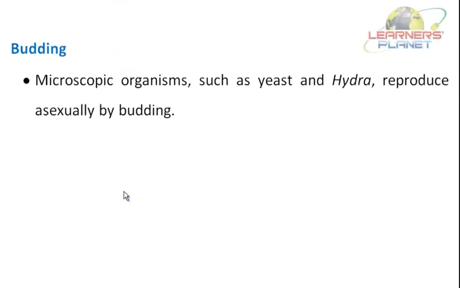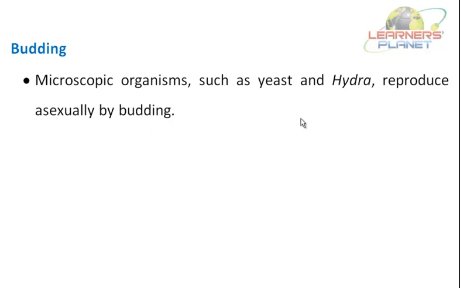Yes, students. Budding is a type of asexual reproduction where new individuals develop as small growths or buds on the surface of the parent organism. So microorganisms such as yeast and hydra reproduce asexually by budding.